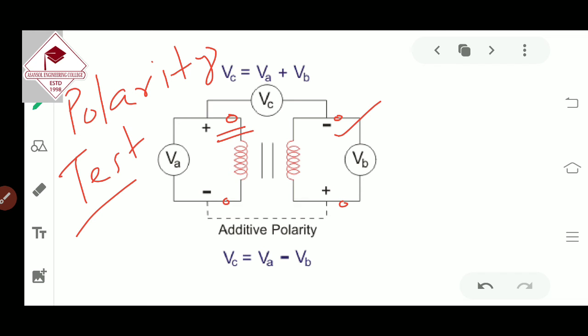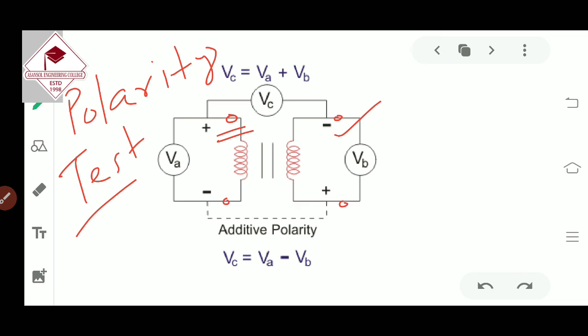These polarities are very important for the operation of a transformer, mainly for parallel operation, or in 3 phase also there are huge applications for the polarity of a transformer. So to identify the polarity, this is the proper connection, right?